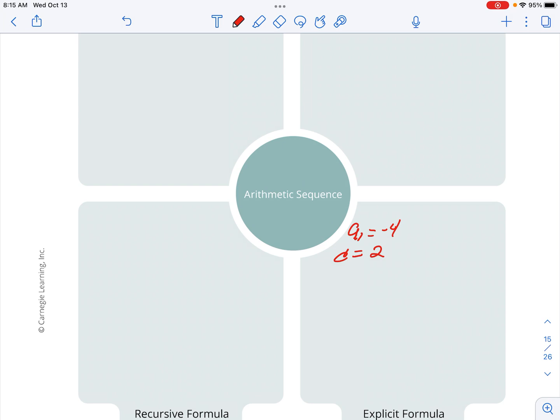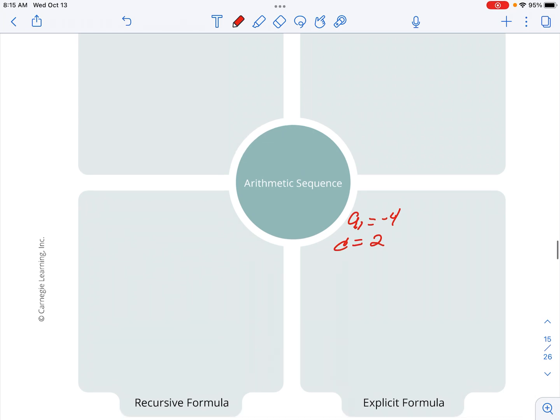So when I write that for my explicit formula for an arithmetic, it's this formula right here. Okay, so I'm going to copy that because we're going to keep using that. Copy.